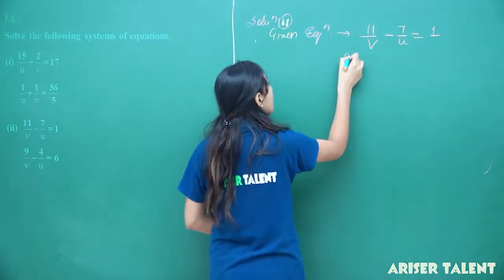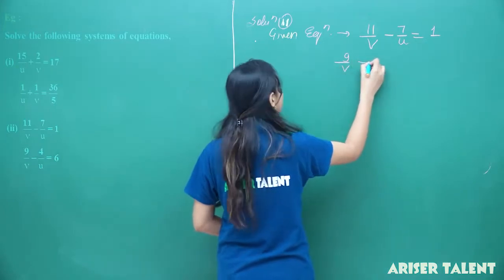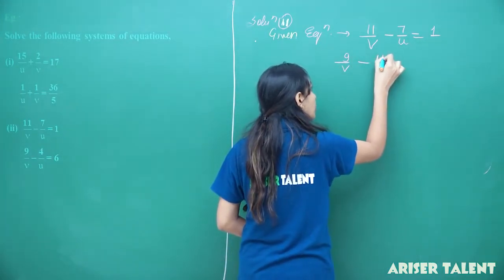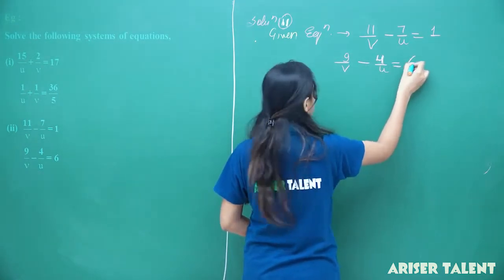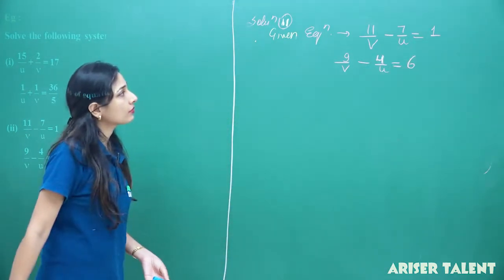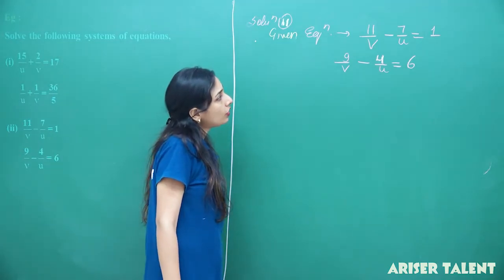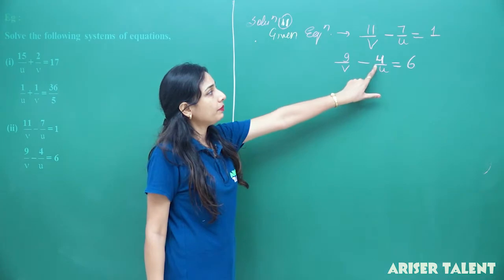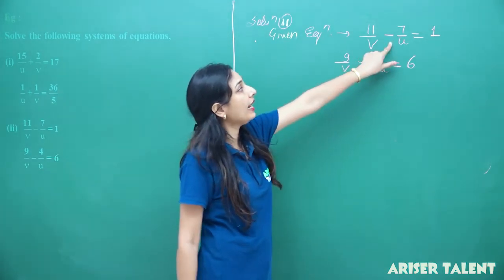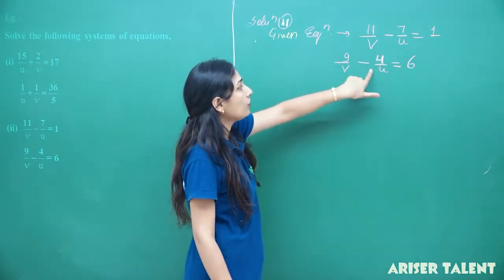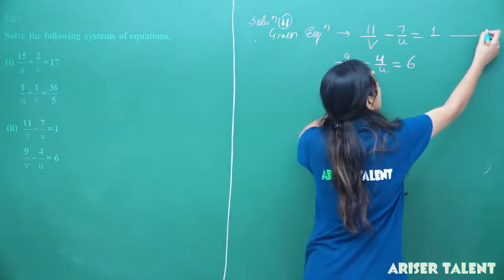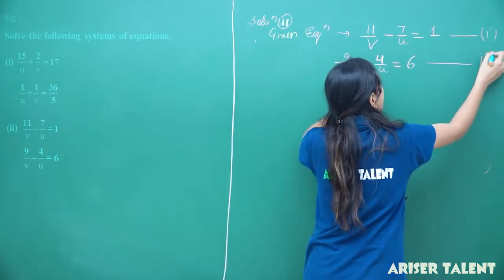And 9 by V minus 4 by U equals to 6. So students, what I have to do is, whether I have to make this in the form of that or this in the form of that. How? Let's find out. This is first equation, this is second equation.